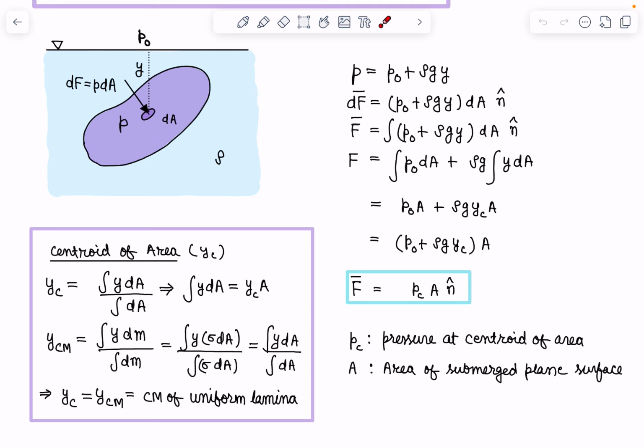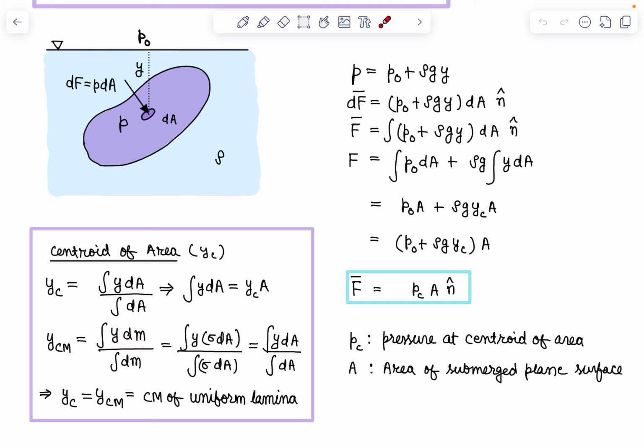Let's take a lamina of the same shape as that area and mass distribution to be uniform. So how are we going to write the center of mass of that uniform lamina? According to the formula, y_CM can be written as integral of y dm upon integral of dm.